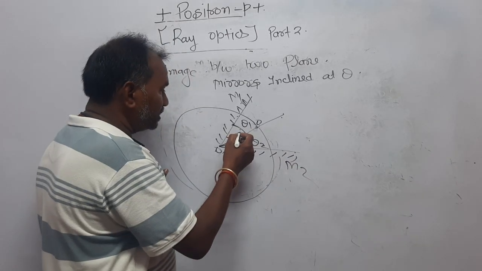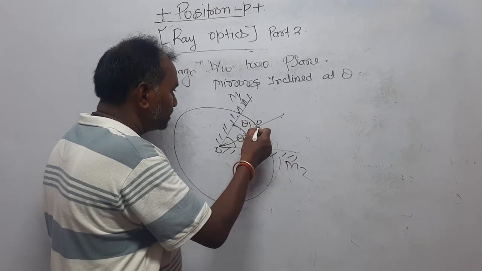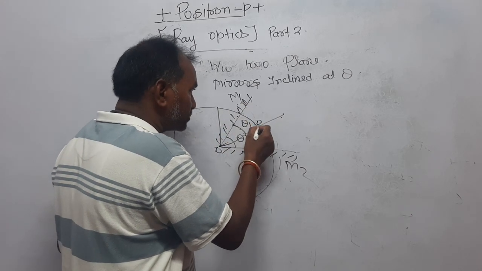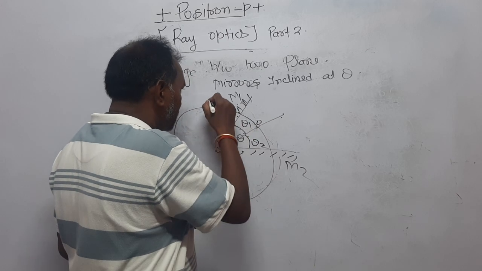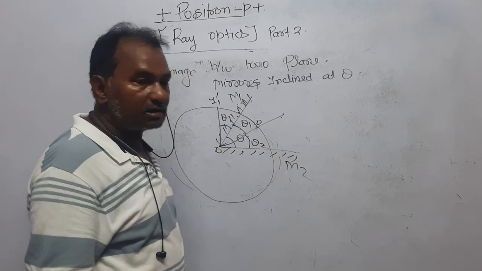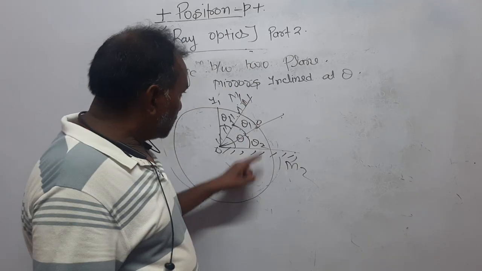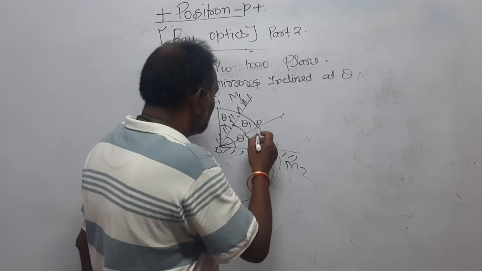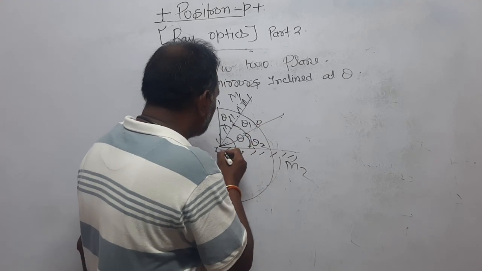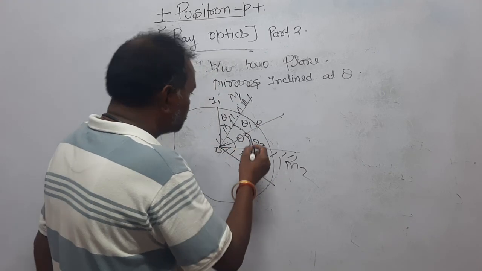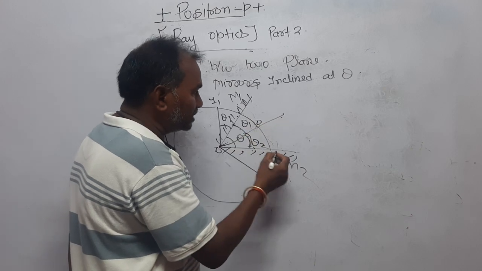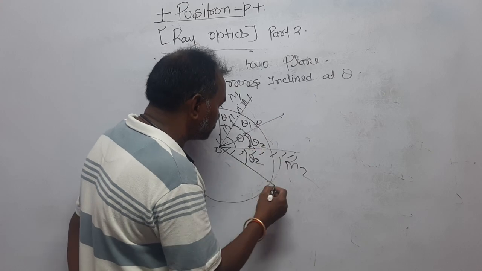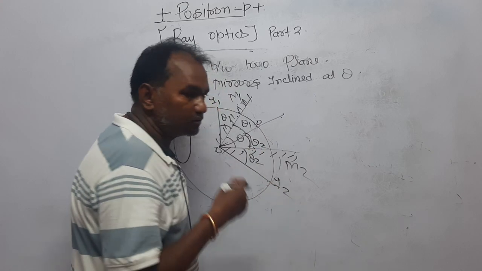Dear student, if the object is at theta 1 angle, right, then the first image by the mirror M1 of object O will be at theta 1 distance, and that is I1 dash, or it is I1. Image of object O by mirror M2, which is at theta 2 angle, will be at theta 2 angle from mirror M2, and let it be I2.